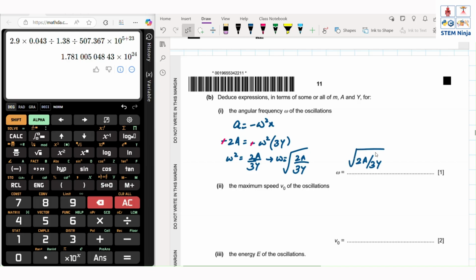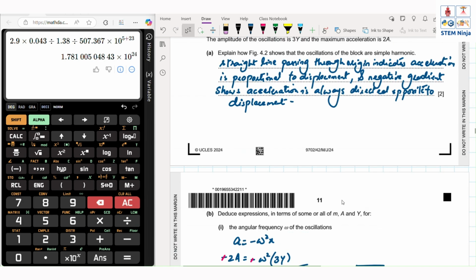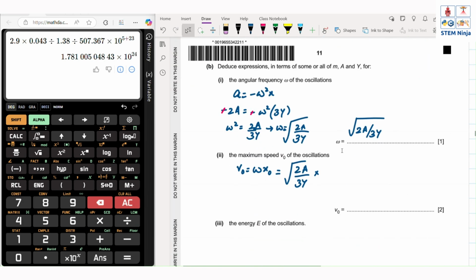The maximum speed v naught of the oscillations. Maximum speed is given by omega x naught. Omega we have just found to be the square root of 2a over 3y, times x naught, which was 3y. We can do a little algebra to bring it into the square root.